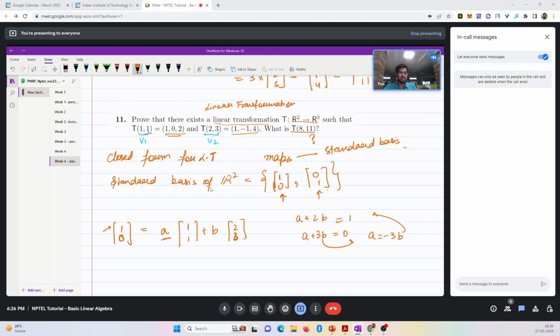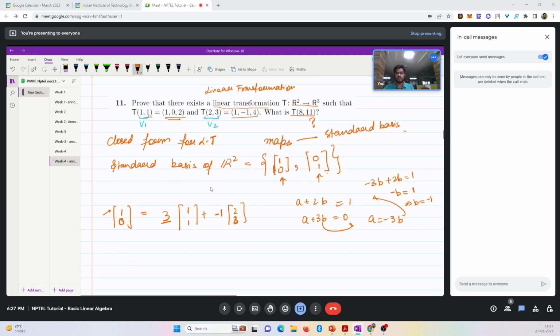If we put it in here, minus 3b plus 2b is equal to 1, or minus b is simply 1, which means b is minus 1. So let's replace b as minus 1, and a is minus 3 times b, so this would be 3. You can verify that 3 minus 2 is 1, 3 minus 3 is 0.